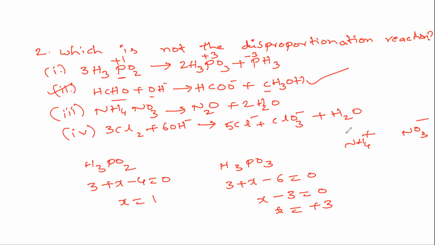Here the oxidation state of nitrogen is minus 3 and here it is plus 5, so it is changing to N2O, that is plus 1. So it is also disproportionation. Chlorine 0 changes to minus 1 and here it is plus 5, so this is also disproportionation. So the only answer is the second option.